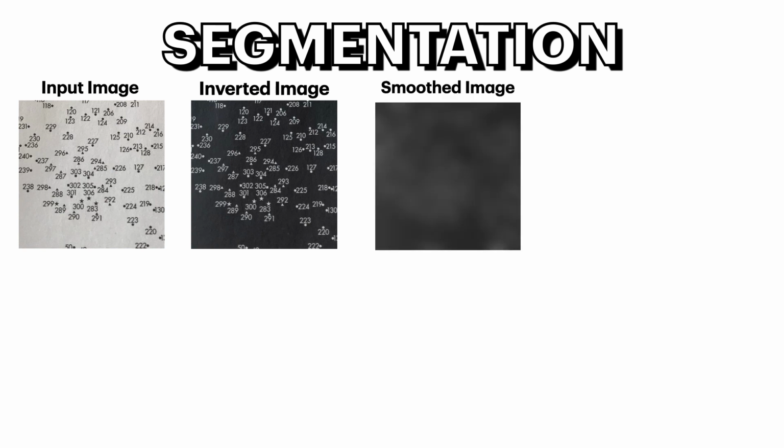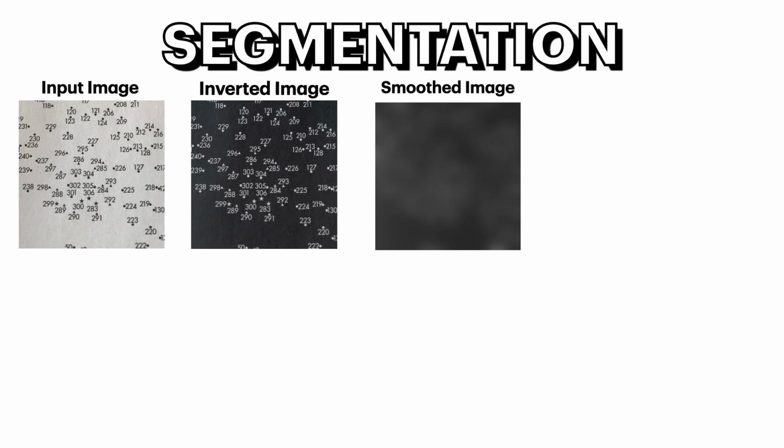So the first thing we do, in this first trial run, is segmentation of our image. I started by doing this in a very basic way. I took the images and wanted to denoise and process them. So I first inverted those images, and then I took a very heavily blurred image.